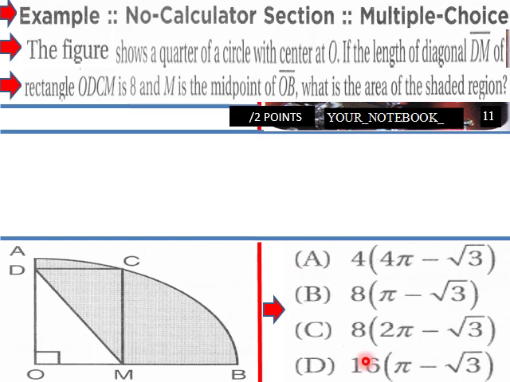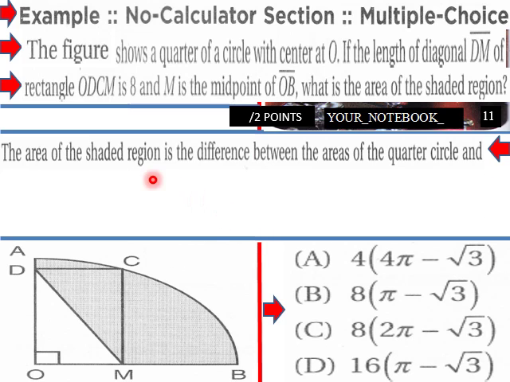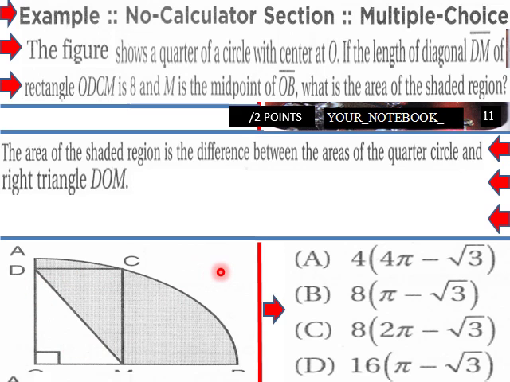And then here are some possibilities to describe the area. The area of the shaded region is the difference between the areas of the quarter circle and the right triangle DOM. The only thing that we don't have from this quarter circle is this triangle here.